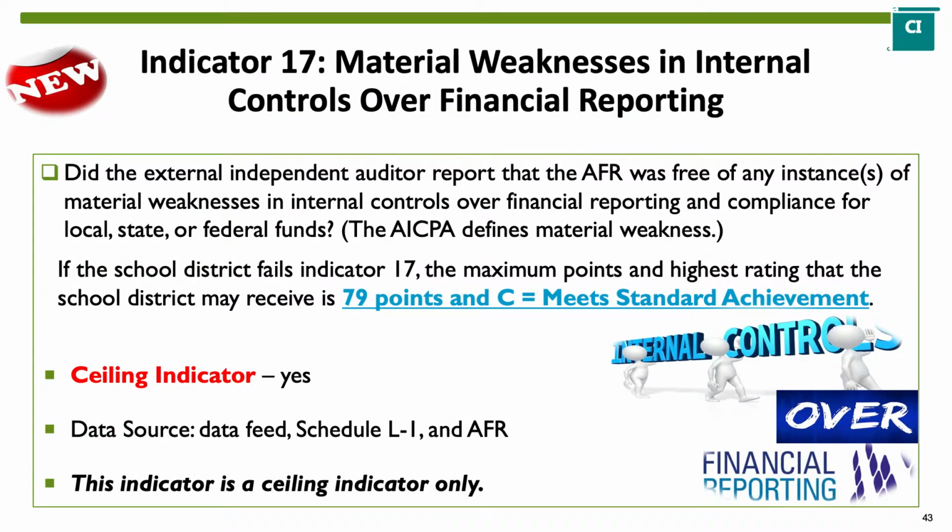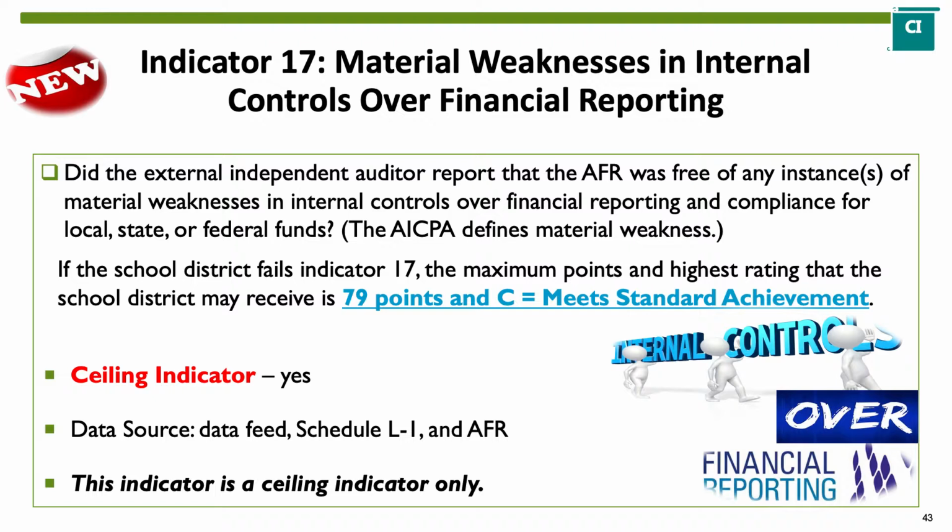Indicator 17, it was indicator 2B. It's moving down. It is a ceiling. It's all based on what your external independent auditor states about your actual AFR being free of any material weakness and internal controls over financial reporting. Usually this is not a problem for districts. When it does become a problem, it's because that district is already in trouble.